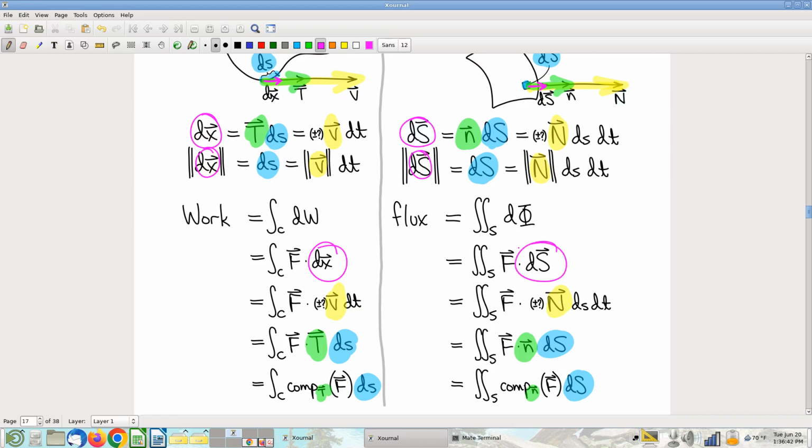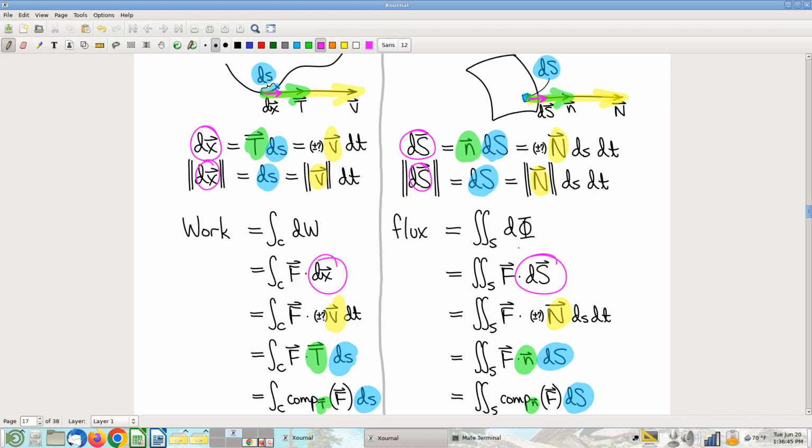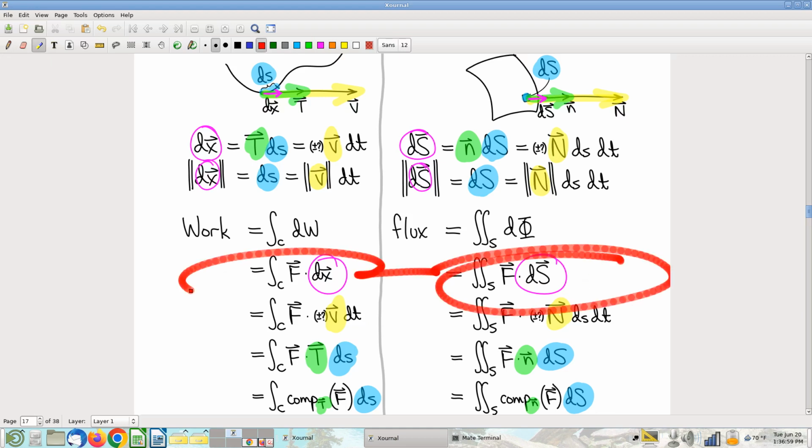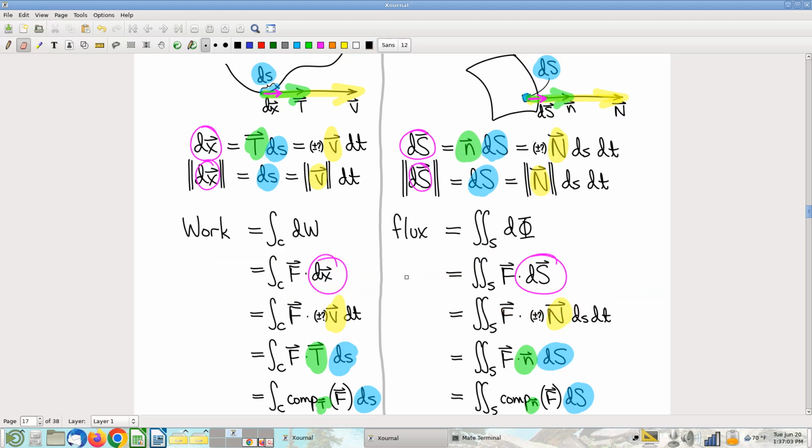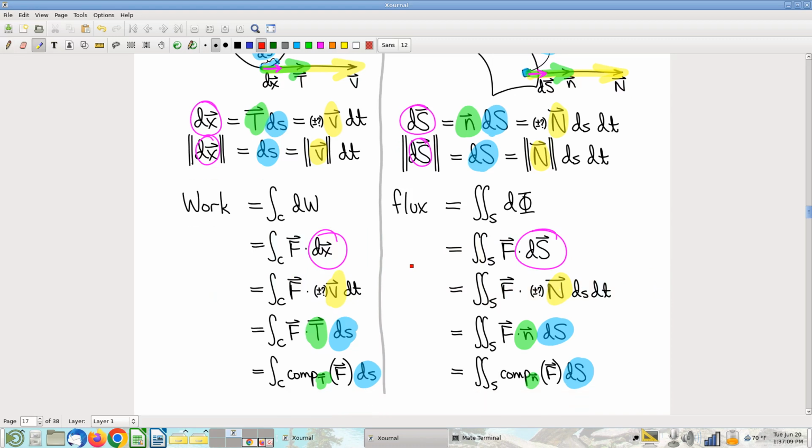Okay, so again, notice the color coding. Perfect analogy on both sides of the line. Any form that you have for a flux integral, there is an analogous form for a vector line integral, and vice versa. So anyway, I think this is a nice little summary page if nothing else. Okay, moving along.